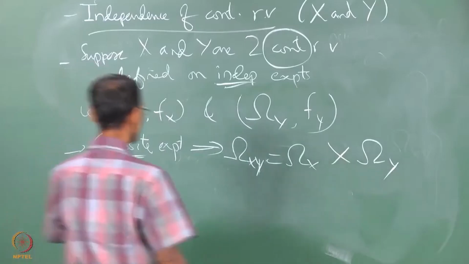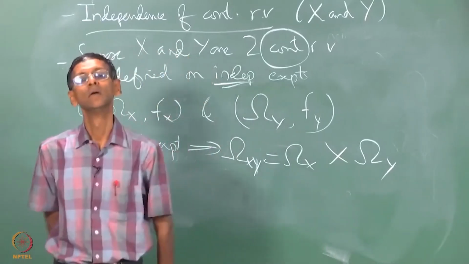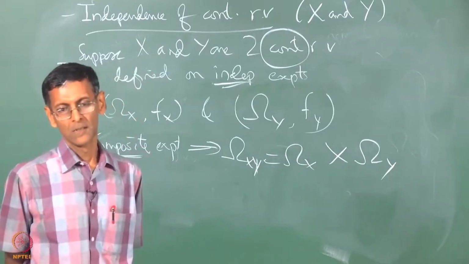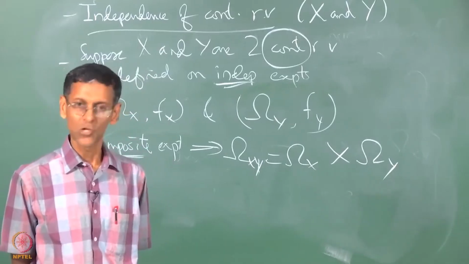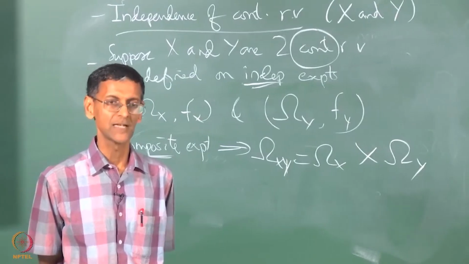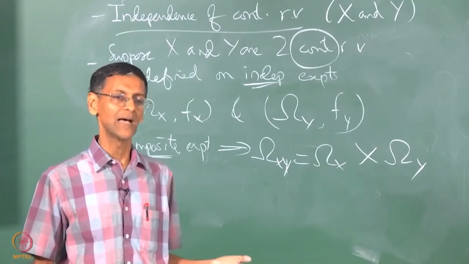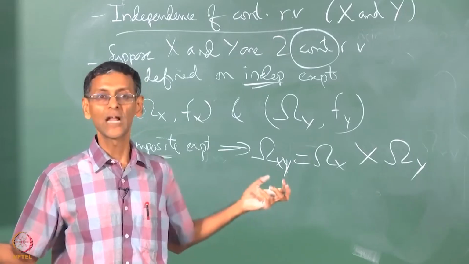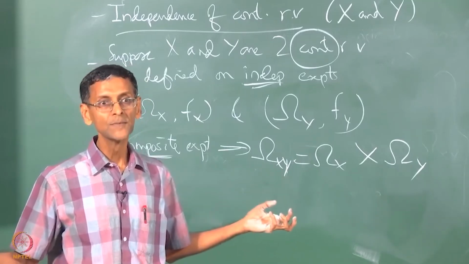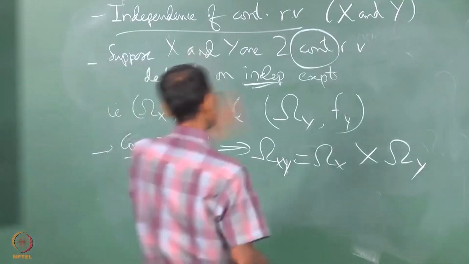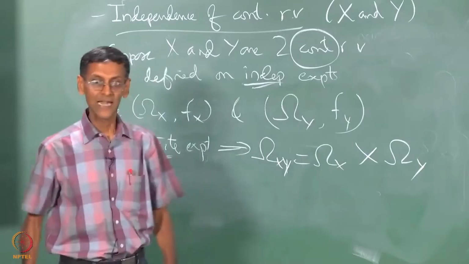So what can you say about this region omega xy now? It has to be rectangular in shape, or maybe the whole plane is also considered rectangular in this sense. But essentially it has to be rectangular, not only any rectangular, it has to be aligned with the two axes, cannot be some crazy rotated rectangle and so on.